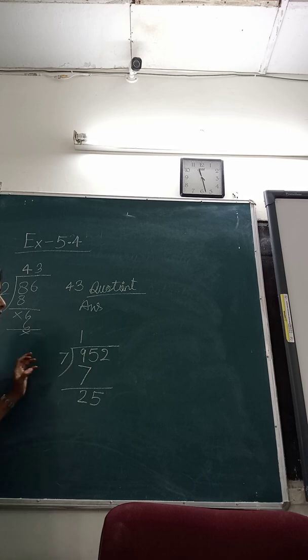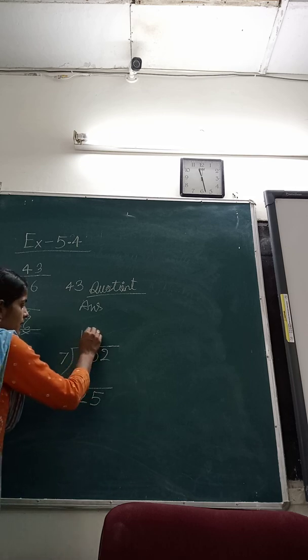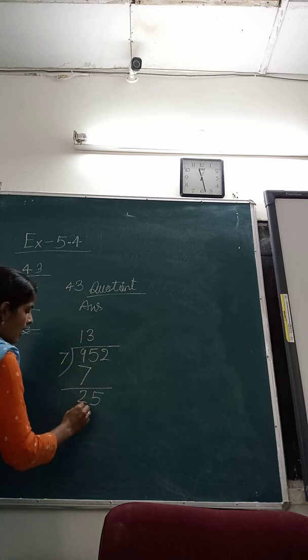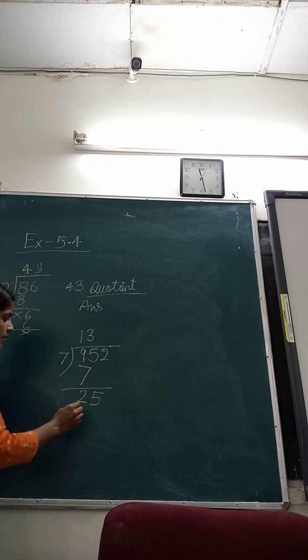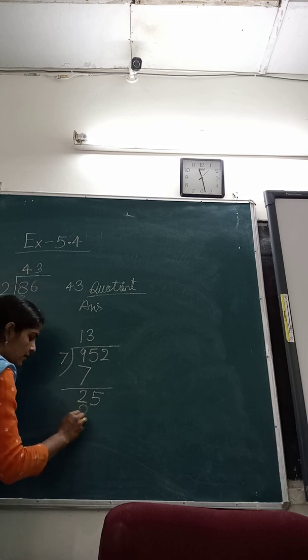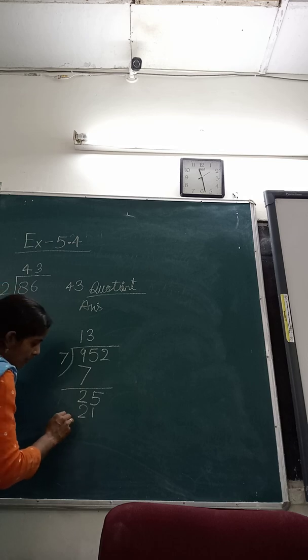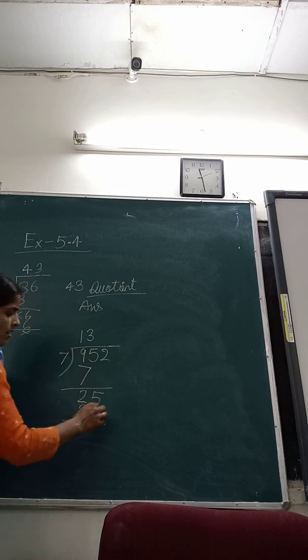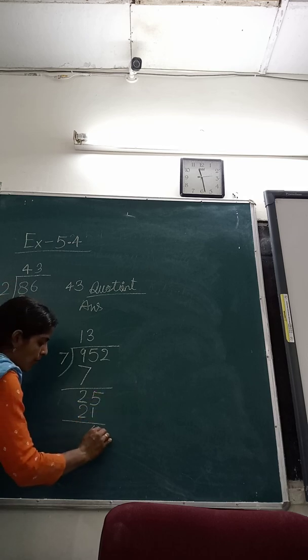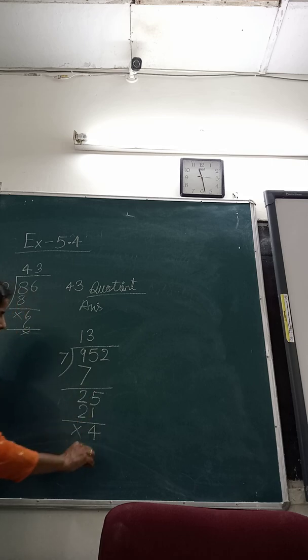7 ones are 7, 7 twos are 14, 7 threes are 21. So we write here 3 and 21 just down of 25. 5 minus 1 is equal to 4, 2 minus 2 is equal to 0.